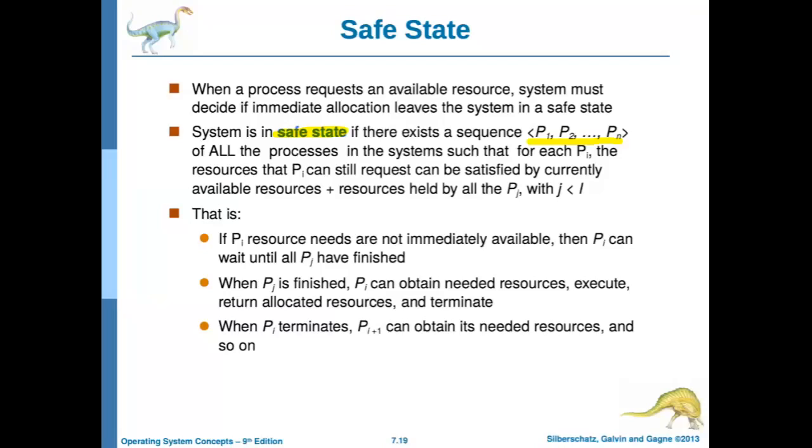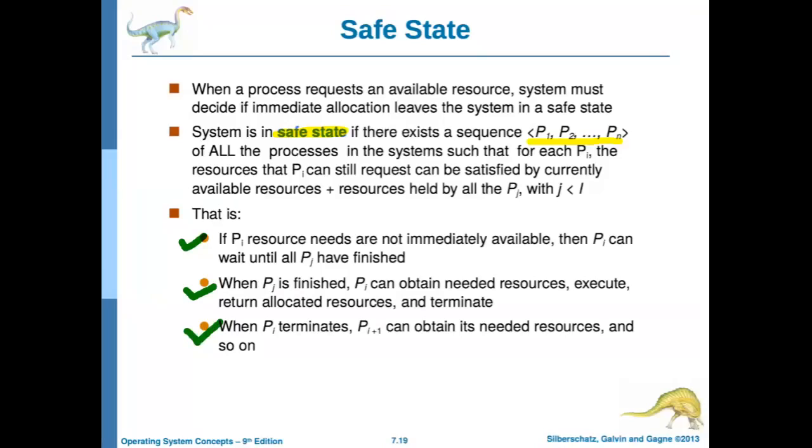So if Pi doesn't find the resource immediately, it has to wait for Pj. When process Pj is finished, Pi can obtain the needed resources and execute. Once it executes successfully, it will return all the allocated resources so all other processes can continue, and process Pj will be terminated. When any process Pi gets terminated, then Pi+1, that means other processes, can obtain required resources, and so on and so forth. That is how it will continue.